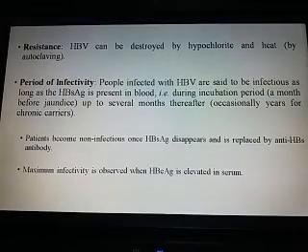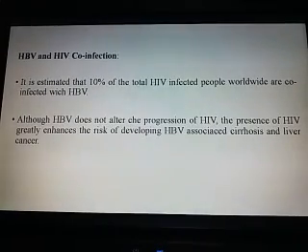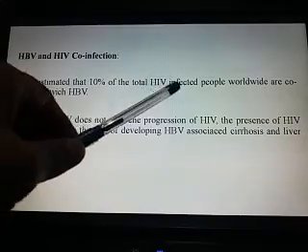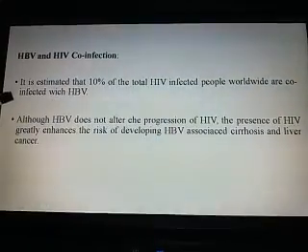Okay, moving to the next, hepatitis B virus and correlation with HIV. It is estimated that 10% of the total HIV infected people worldwide are co-infected with hepatitis B virus.